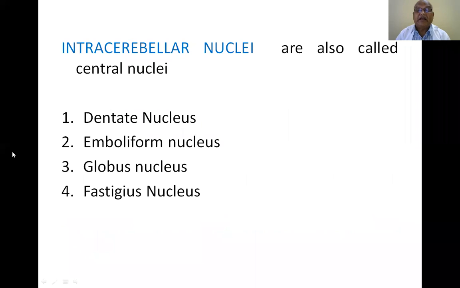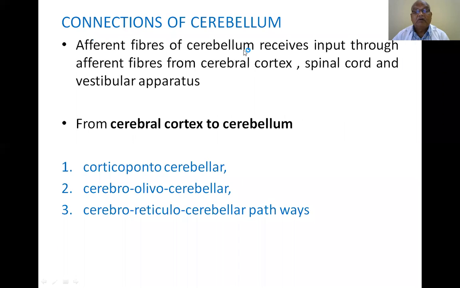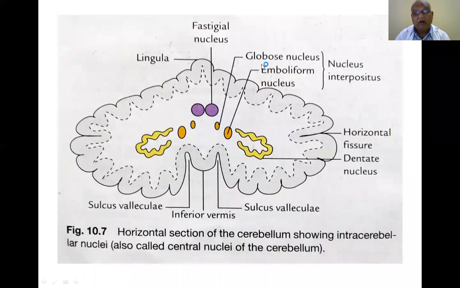Now, intracerebellar nuclei are also called central nuclei. They are present in the white matter. A collection of neurons in the white matter itself is called a nucleus. They are present in the central white matter of the cerebellum: the dentate nucleus, emboliform nucleus, globose nucleus, and fastigial nucleus. The dentate nucleus is the most prominent and largest, especially in primates, especially in humans.